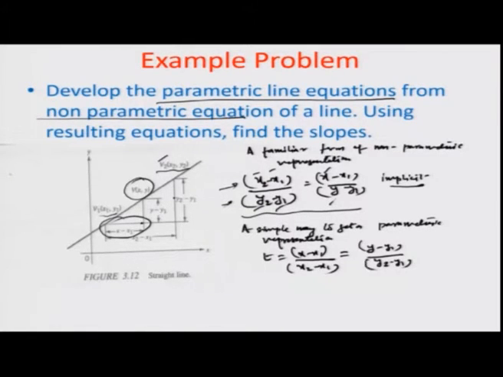So, this fraction would remain same, and this is not the slope though, this is a sort of a fraction of the length where the x and y are positioned with respect to (x1, y1) and (x2, y2).